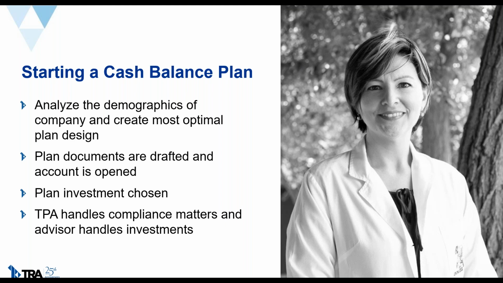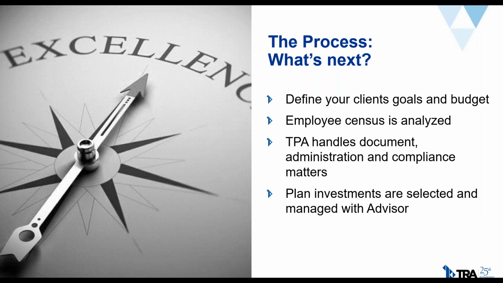Next, an account is opened by you, the advisor. You meet with your plan sponsor, you choose your investments, and manage the portfolio to target the interest crediting rate. The TPA handles all the compliance matters, and you as advisors handle all the investments. Obviously at TRA, we want to be the TPA, and we hope you will remember us in that capacity.